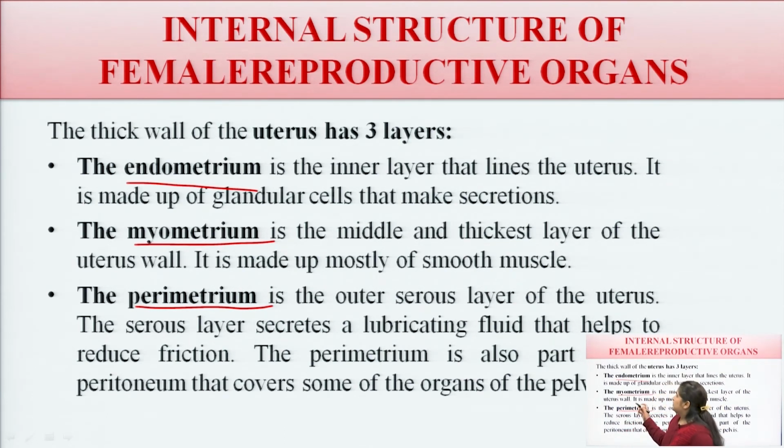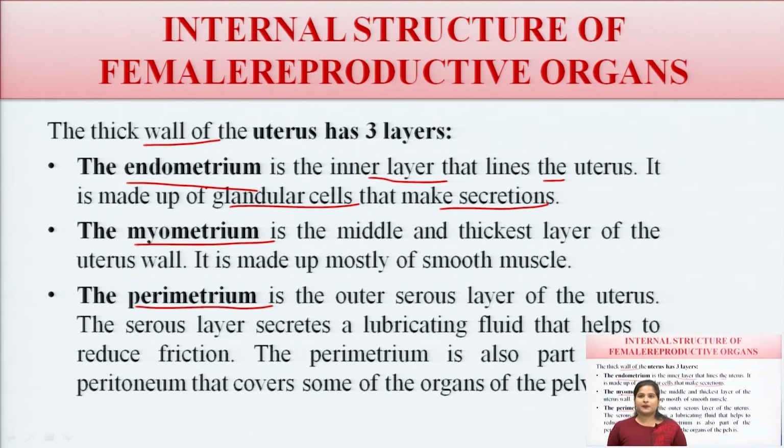The thick wall of the uterus has three layers. The endometrium is the inner layer that lines the uterus. It is made up of glandular cells, and the function of the glandular cells is to secrete.